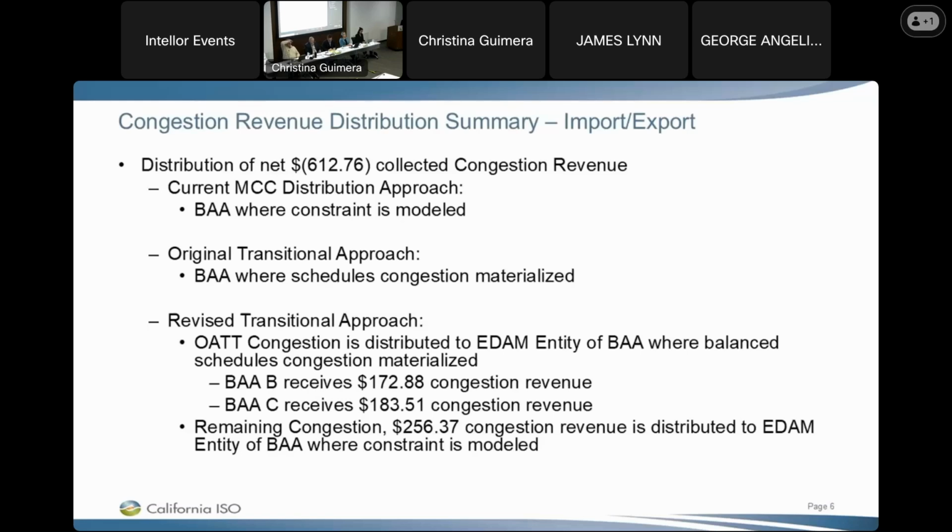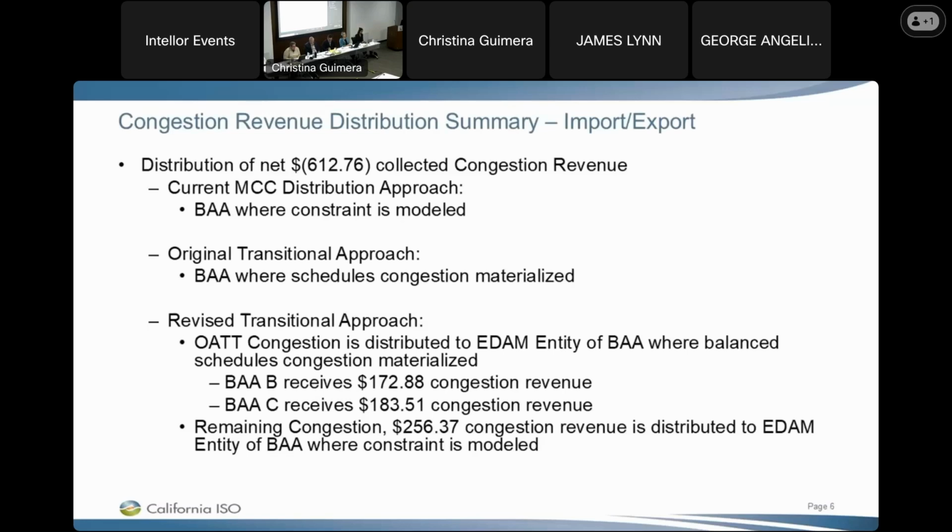Under the revised proposal, we're just considering the OAT transactions. This is the 100 megawatts of generation in BAC that was scheduled to meet 100 megawatts of load in BAB, as well as the 25 megawatts of generation in BAC to meet the 25 megawatt export in BAC, as well as the 25 megawatt import in BAB to serve the additional OAT load in BAB.